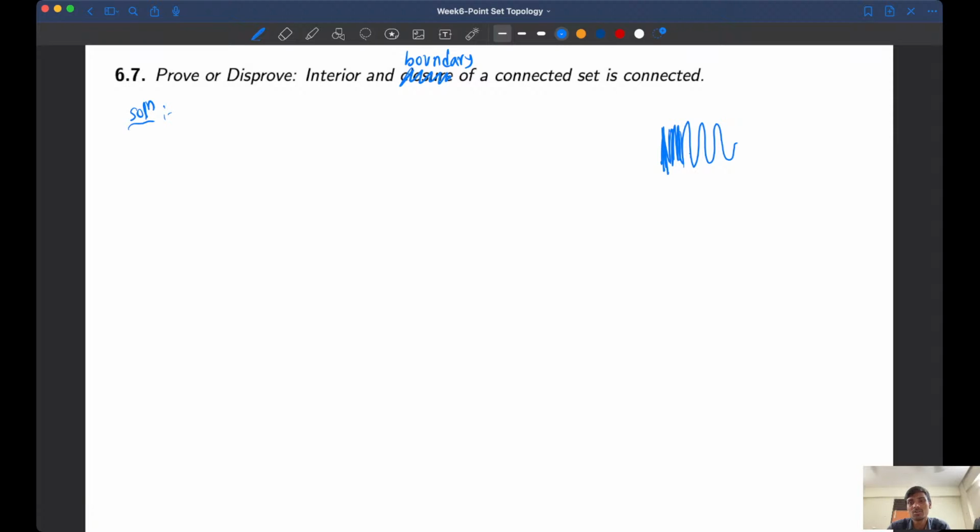Here these points are all boundary points, and this point, so you have the boundary as this union this, which is disconnected, but the interior is the curve itself except this thing, right? So that is still path connected.